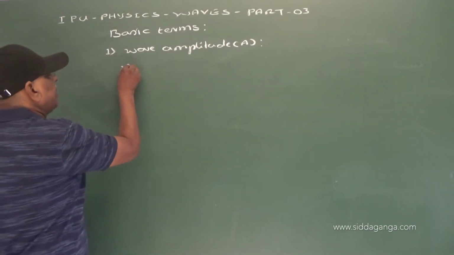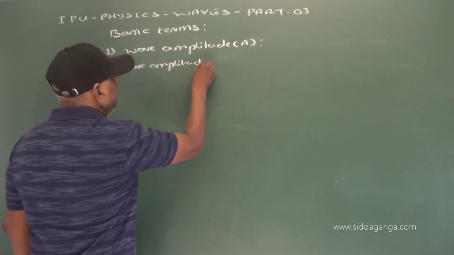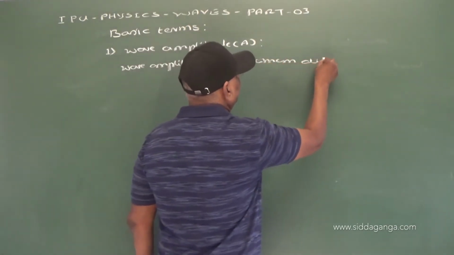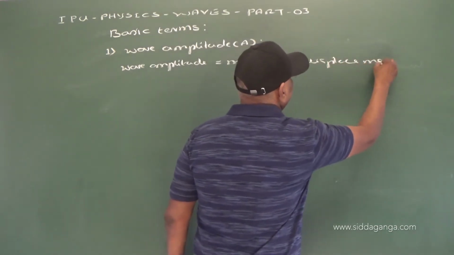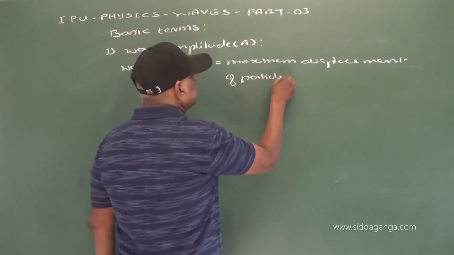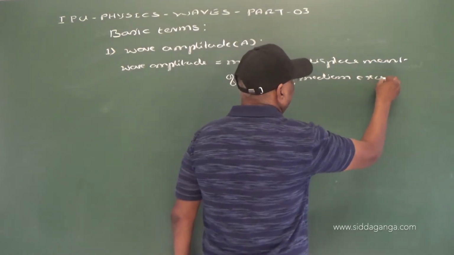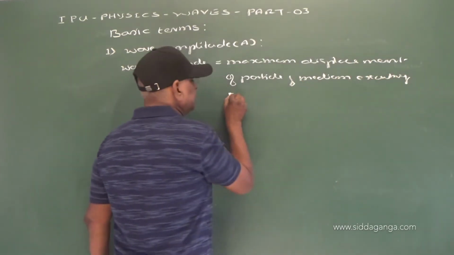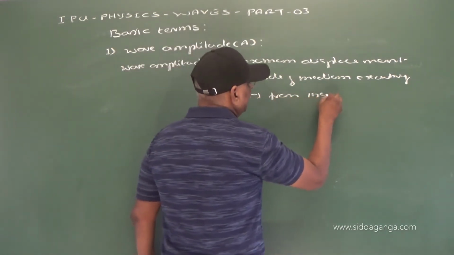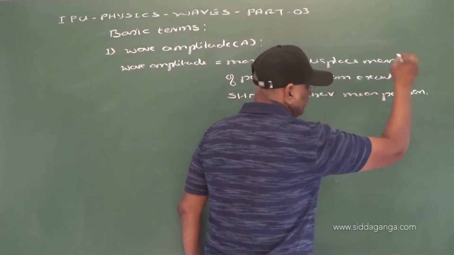So wave amplitude is equal to the maximum displacement of particles of the medium executing simple harmonic motion from their mean position.